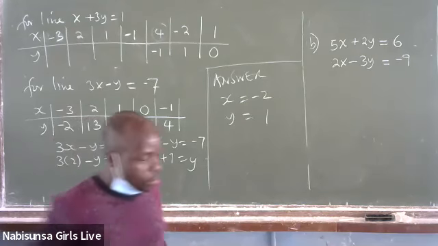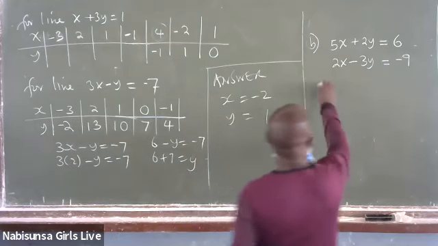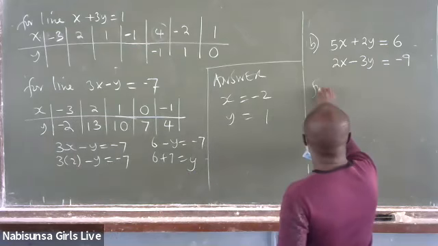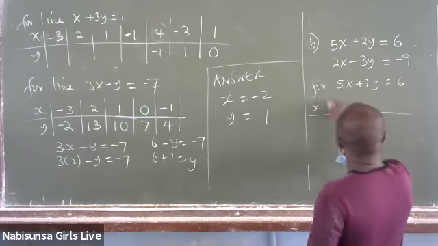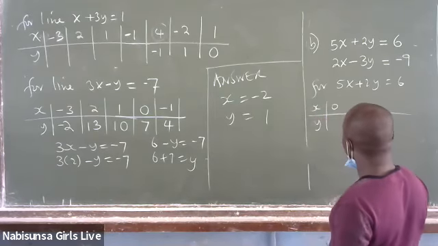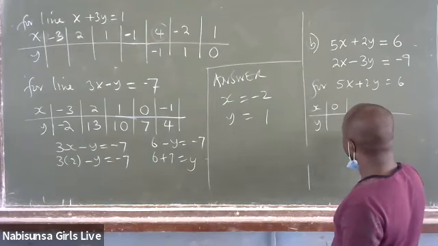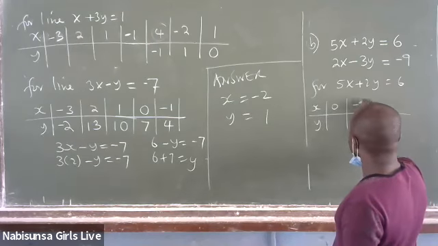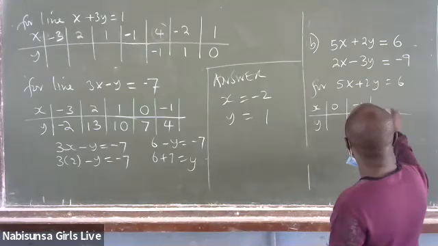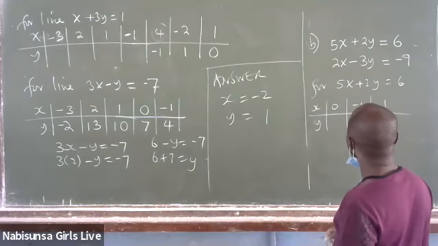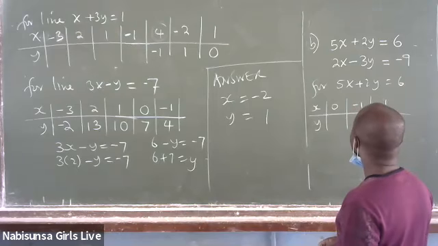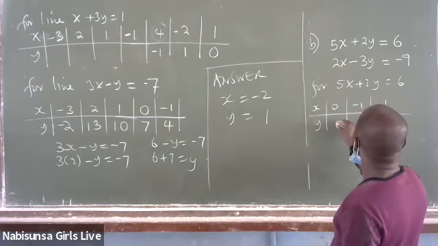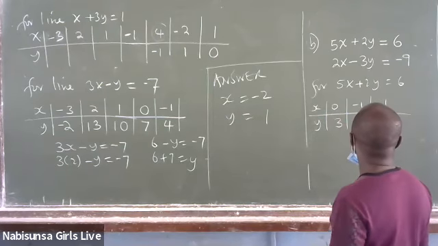What values of the table did you use for the first line? 0, negative 1, and 1, yes. So when X is 0, you get 3.